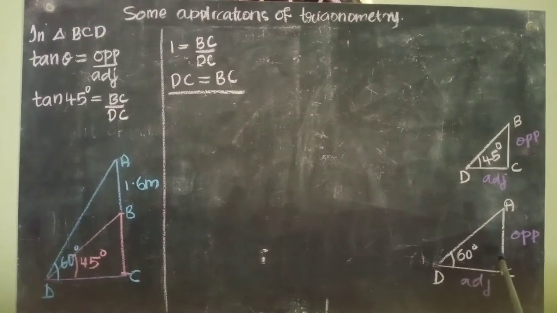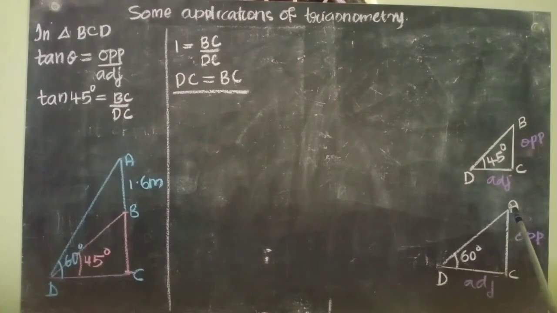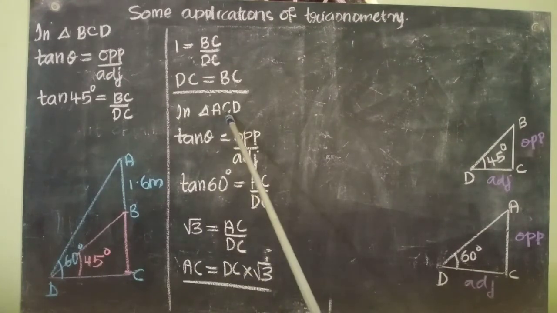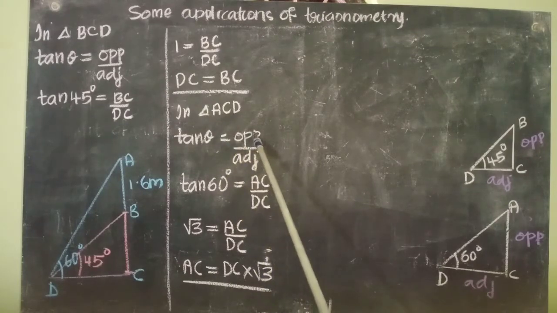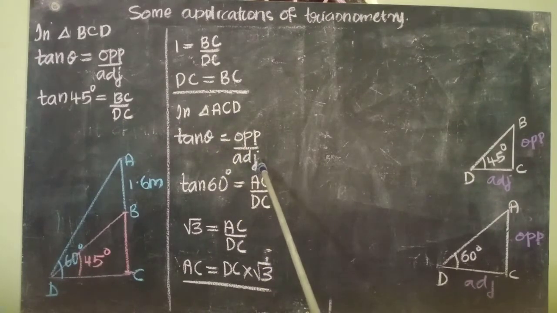Now consider the second right triangle ACD with the acute angle D with measurement 60 degree. For this acute angle D, AC is the opposite side and DC is the adjacent side. So let us take the ratio. In triangle ACD, tan theta equal to opposite side by adjacent side.